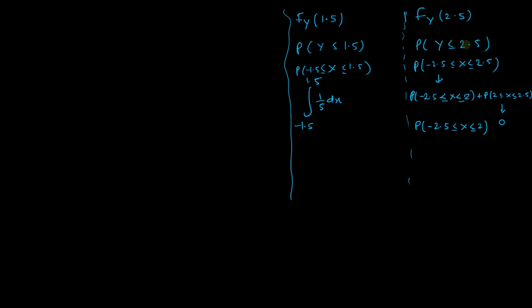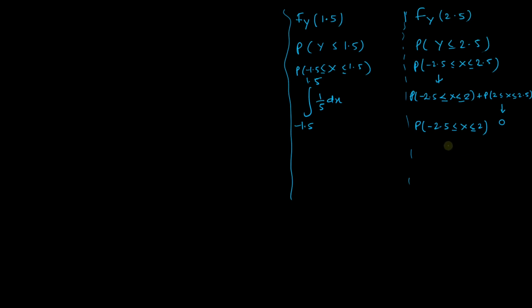So whenever we try to calculate the CDF of y at some point greater than 2, this case will arise. Since mod of x is a symmetric function, it will distribute the ranges in a symmetric way. So x will be between minus 2.5 and 2.5 in this case. So when we try to calculate the CDF of y at some point greater than 2, it will lead to this case.